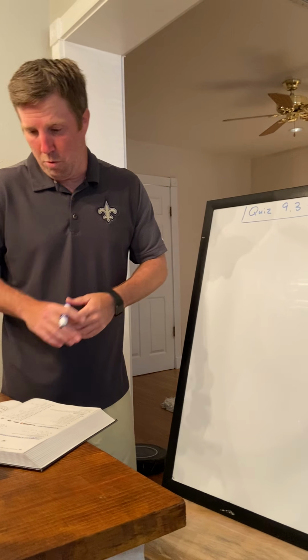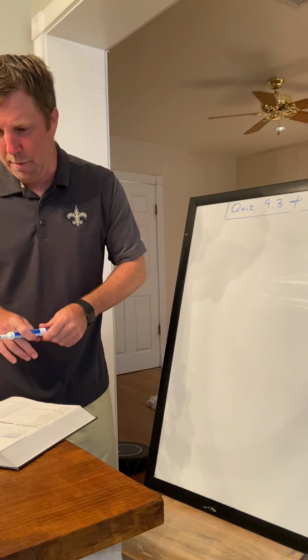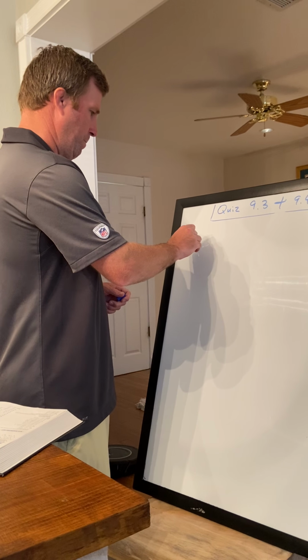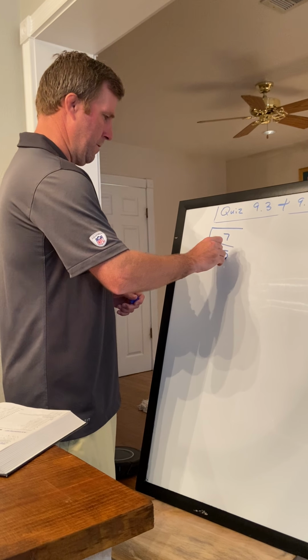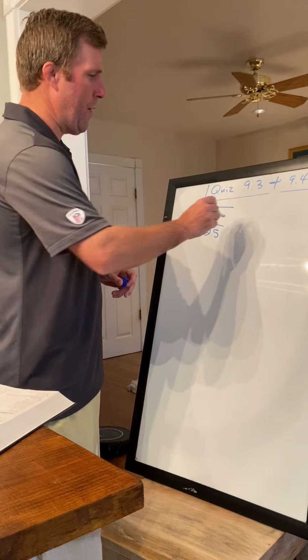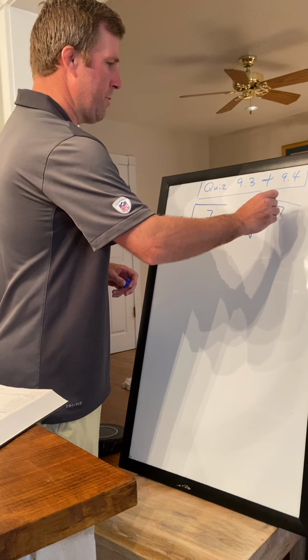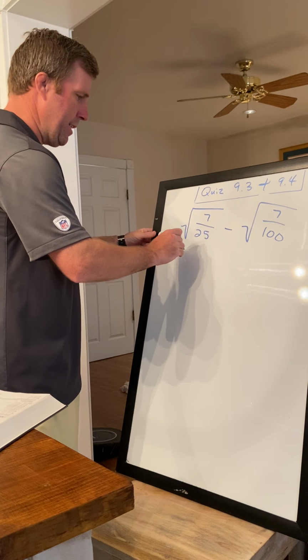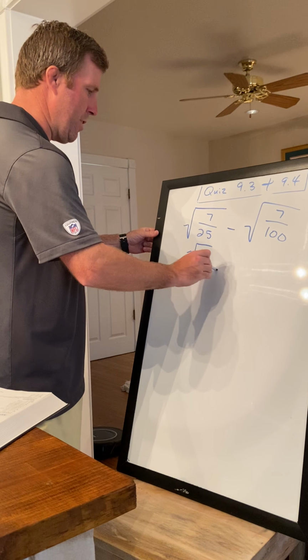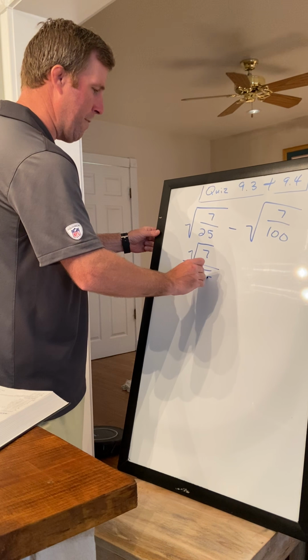With a fraction, remember we have a quotient rule, same type deal. The square root of 7 over 25 minus the square root of 7 over 100. Remember what the quotient rule says? This becomes the square root of 7 over the square root of 25.